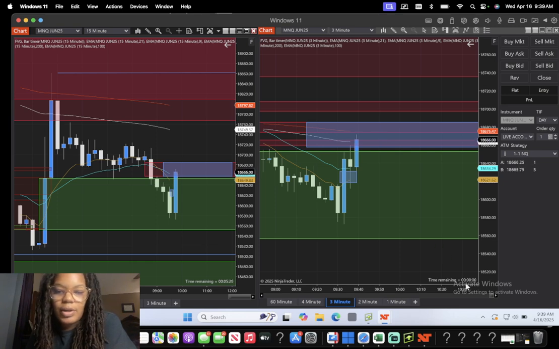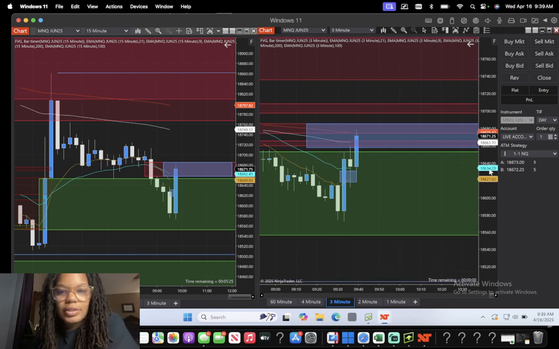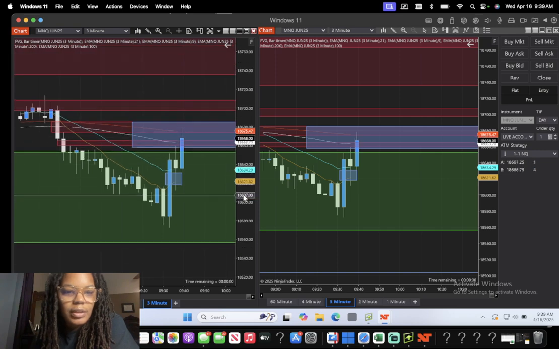Yeah, I know my bar is not working on this chart. All right, nice push on the 15 and the 3. All right, we're tapping in this top gap now. So let's see if we react off of it really nicely as well.